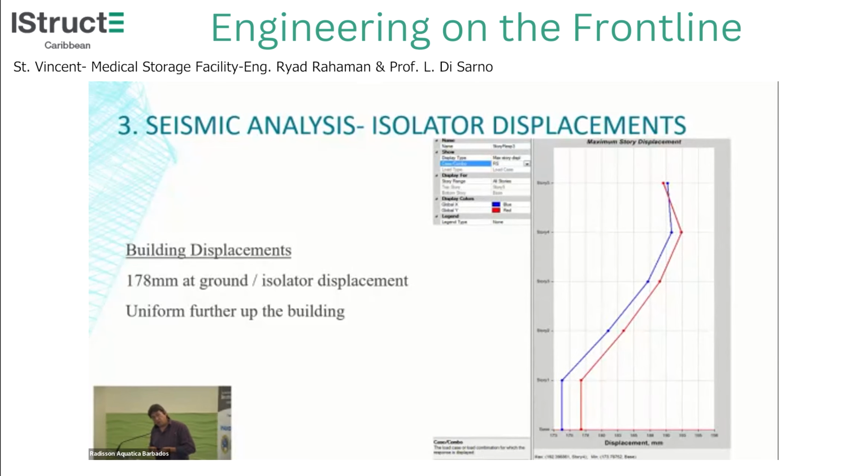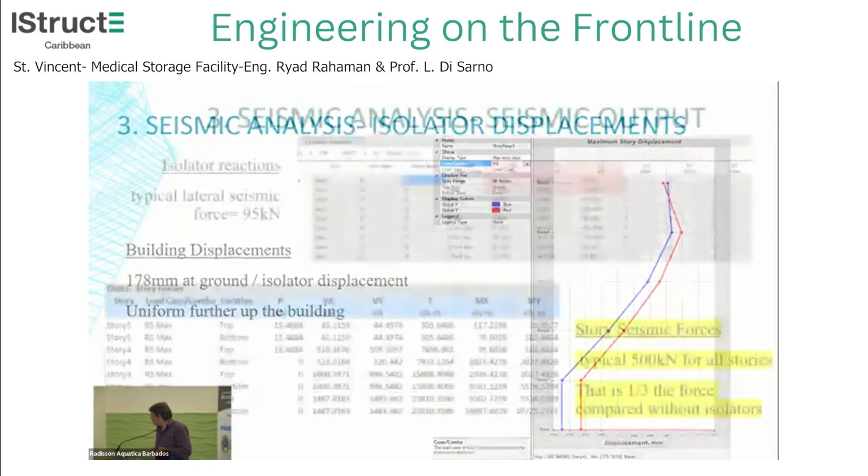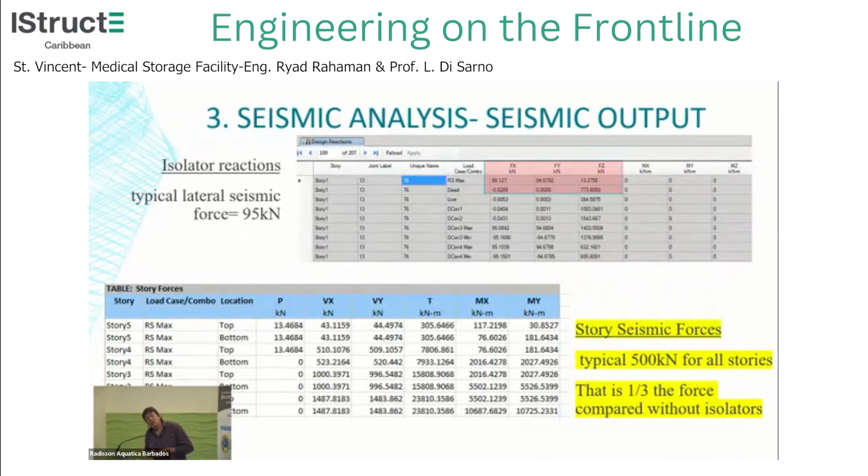The blue and the red are the two orthogonal directions. That's the story forces there, and you can see you have about 500 kilonewtons per story acting.